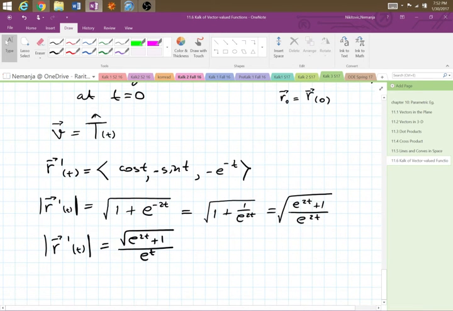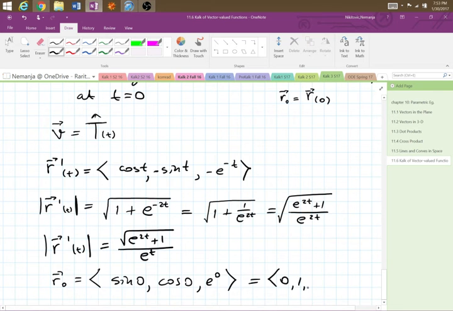So what's R0? 0, 1, 1. Yep. Maybe I should write it. Sine of 0, cosine of 0, e to the 0, which is 0, 1, 1. Actually, wait, that's not a vector, that's a point. It's a point.